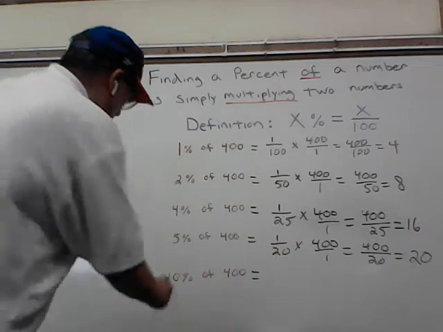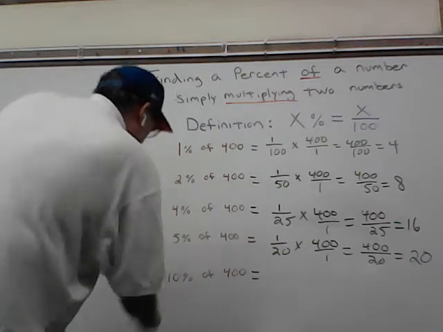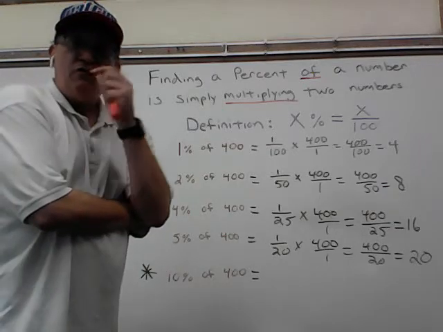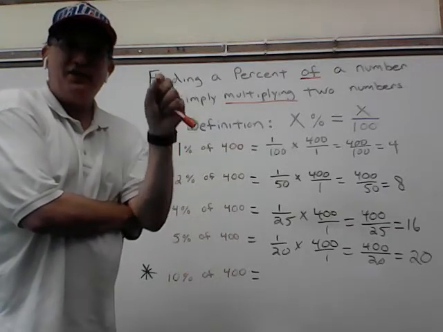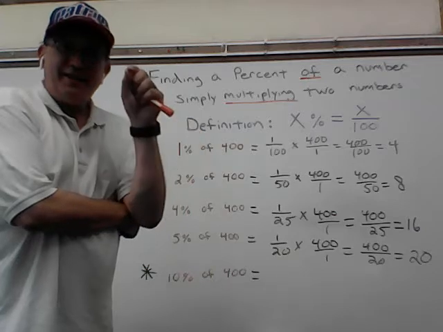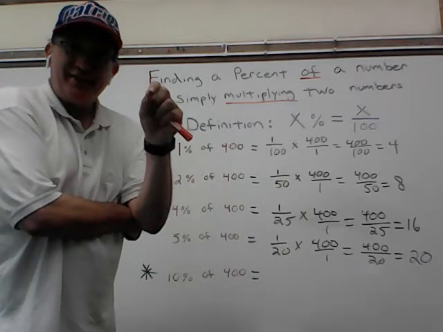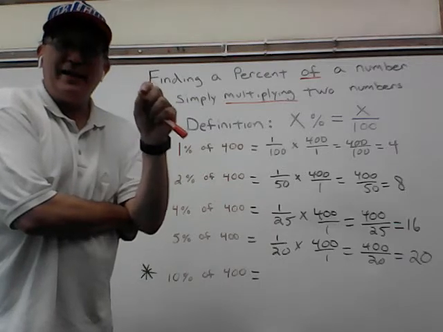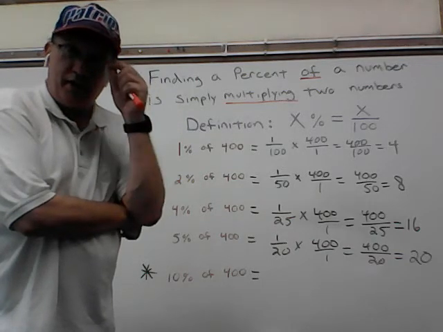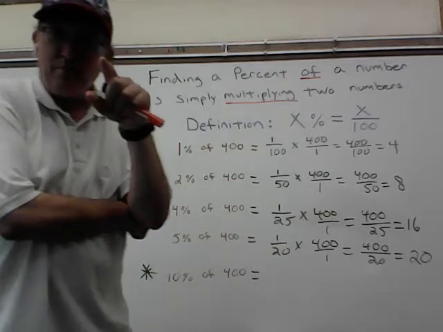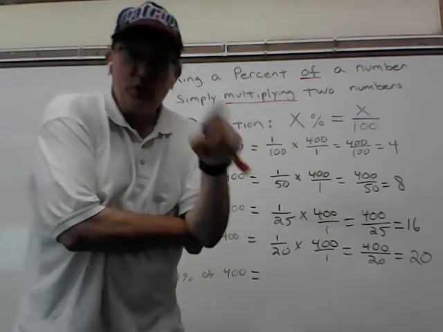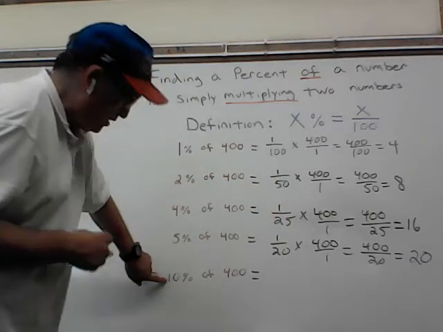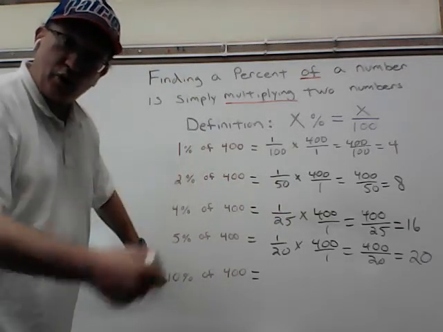Now, this is one that I really had in mind when I developed this lesson. Finding 10% of a number. This is a dangerous kind of problem because you might get a false idea about things. To find 10% of a number, you do divide by 10. Let's work it through. 10% means 10 over 100.